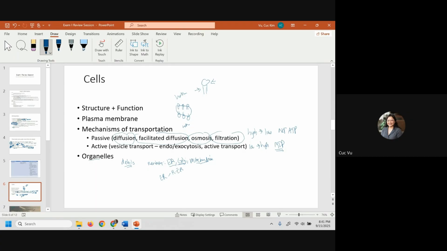What's the function of the rough ER? To produce ribosomes and... I love that you provided that answer. It is not correct. Changes to proteins. But that is the most common incorrect answer.